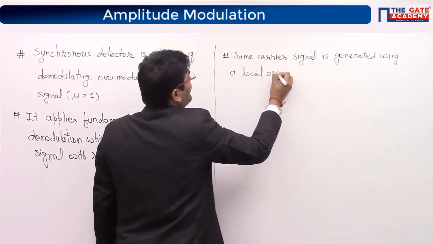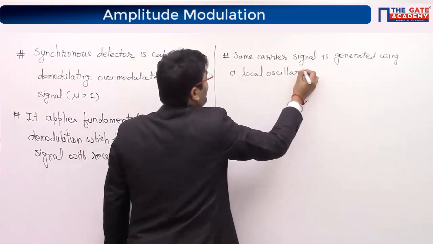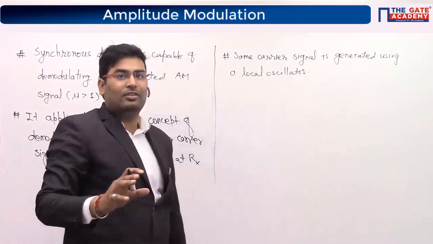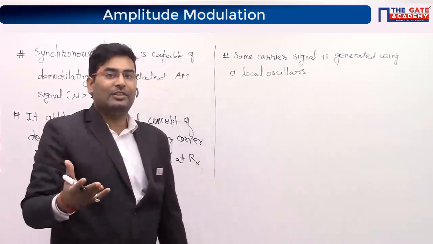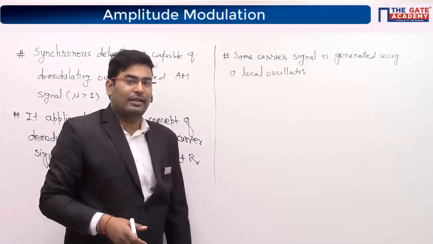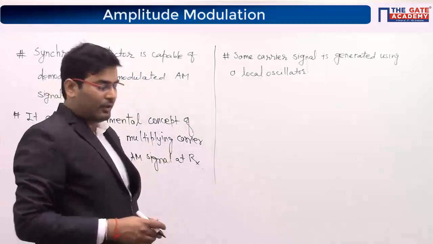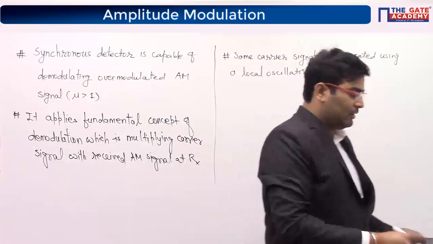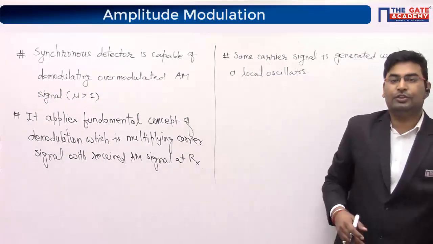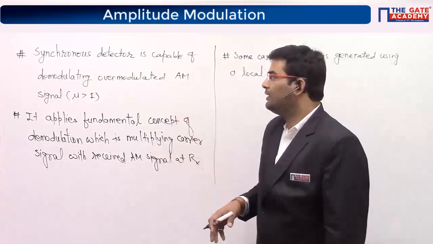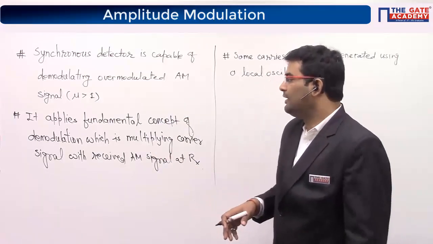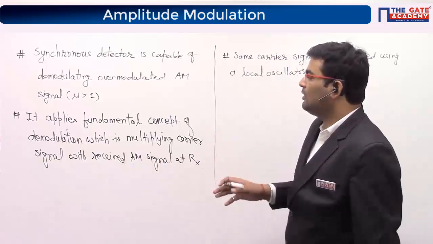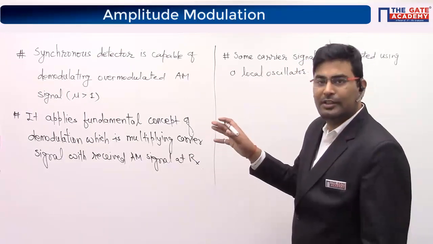I have already discussed why we call it a local oscillator: that oscillator is at the receiver's end, and we are using it to generate the carrier signal. So these are the 3 points you should know. This is the opening comments on the synchronous detector.